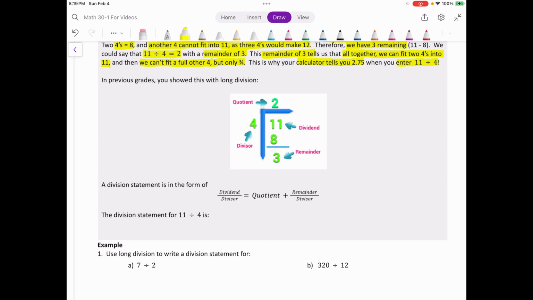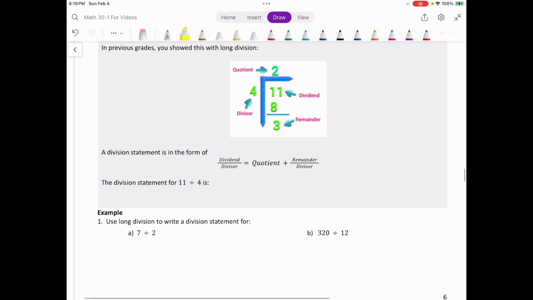So we often represent this in the form of a division statement, okay? It's basically saying if you divide the dividend by the divisor, it can go in this many times with this much of the divisor still left over. So for 11 divided by 4, right, 11 divided by 4 is going to be 2.